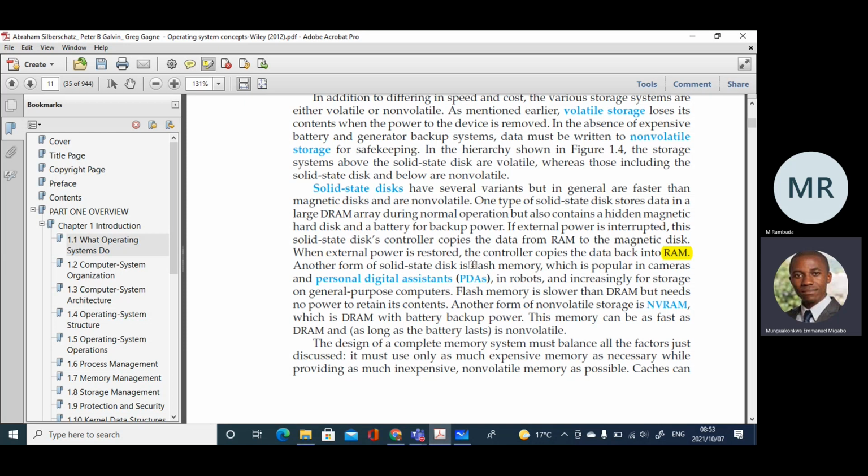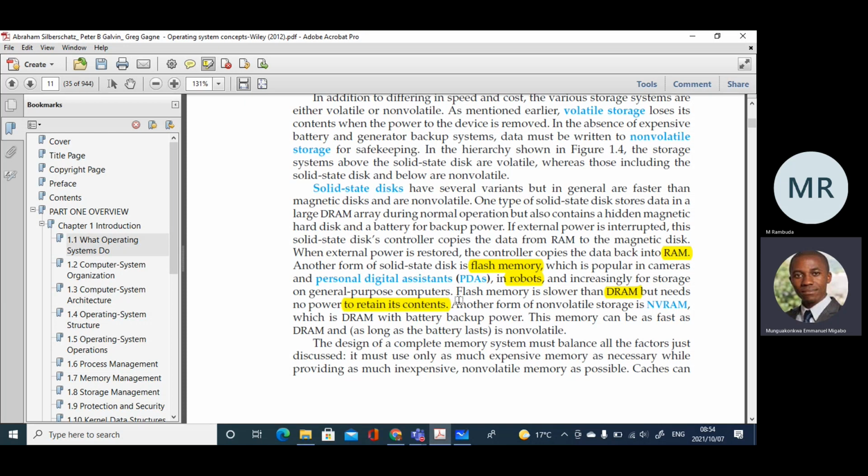Another form of solid state disk is flash memory, which is popular in cameras, PDAs, personal digital assistants, meaning tablets, robots, which are microcontroller systems most of the time. Increasingly, it's used for storage of general purpose computers as well. Flash memory is slower than dynamic RAM, but needs no power to retain its content, so it's a permanent memory storage.